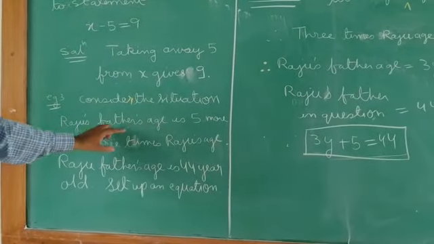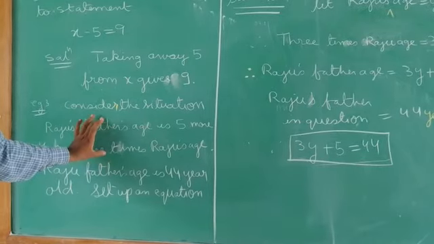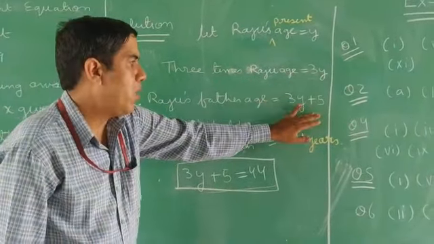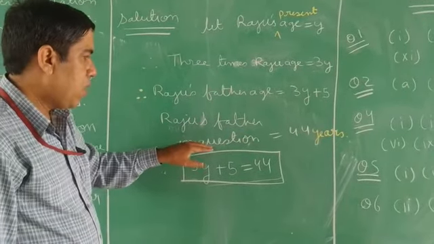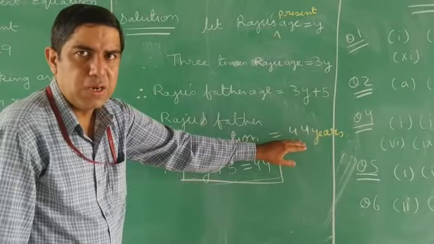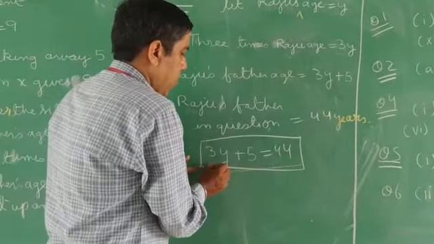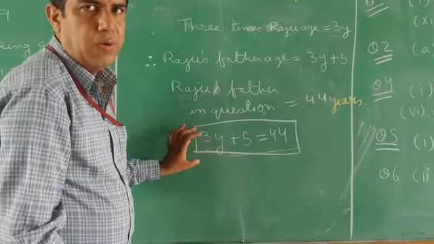You can see Raju's father's age is 5 more than 3 times Raju's age. So on the basis of this statement, I am writing this expression, 3y plus 5. Raju's father's age in the question is given as 44 years. So when I equate these two, it becomes 3y plus 5 equal to 44. So an equation is formed here.